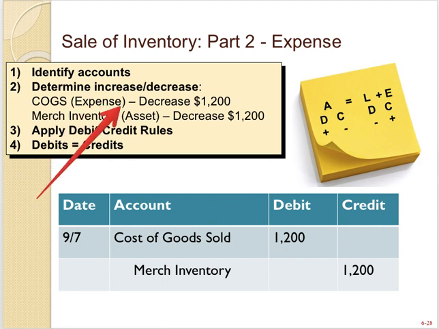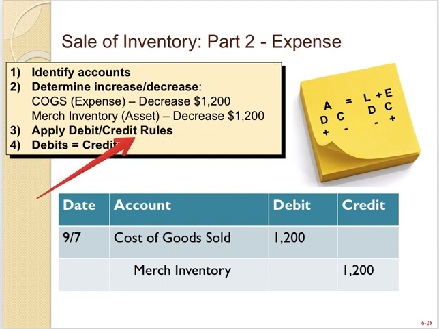So expense, again, decreases equity, because expenses always decrease equity. And then our asset is also a decrease, because that future benefit of the monitors that were on our store shelf is now gone, because those monitors are gone. So that was a decrease.